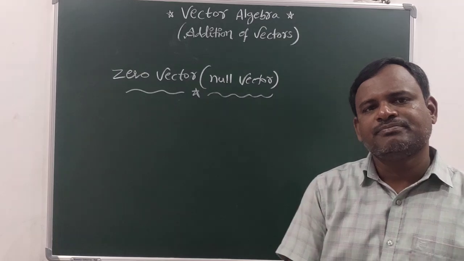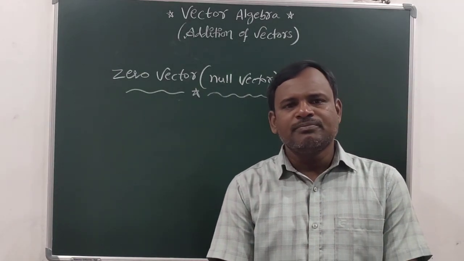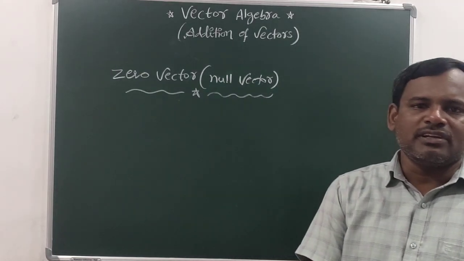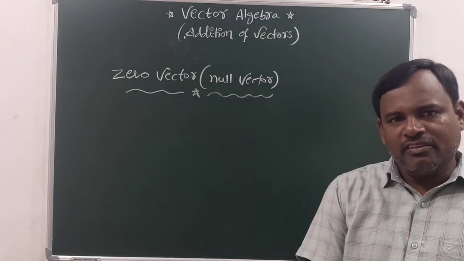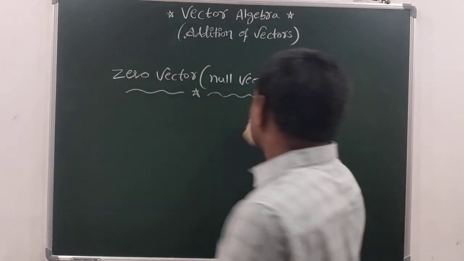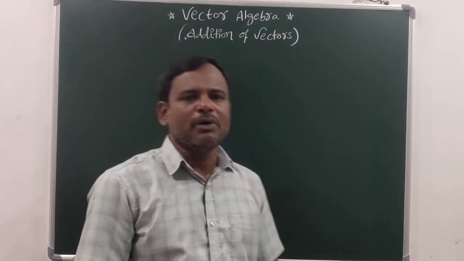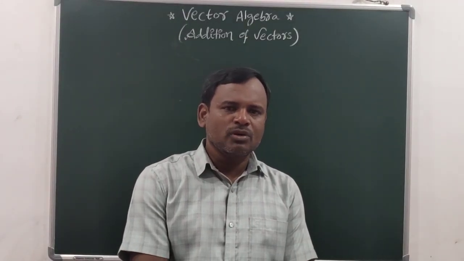Zero vector. Now let us go to the proper vector. A non-zero vector is known as a proper vector. How do you have to define a proper vector? A non-zero vector is known as a proper vector. If you find the magnitude of that vector, that must be positive. Okay?